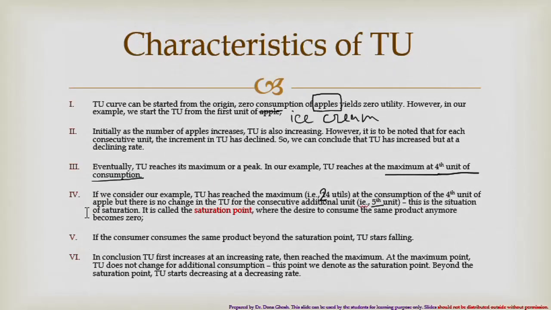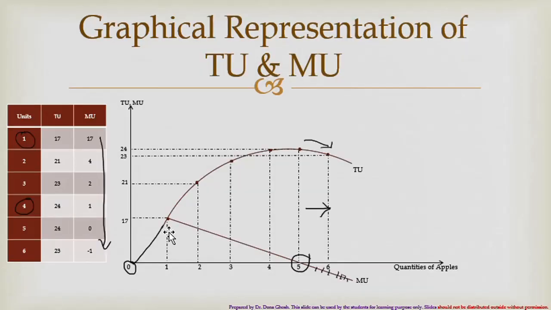Then let us see the fifth point. The fifth point says that if the consumer consumes the same product beyond the saturation point, total utility starts falling. So if the consumer increases the consumption beyond 5 units, then we can see that the total utility of ice cream has gone down.